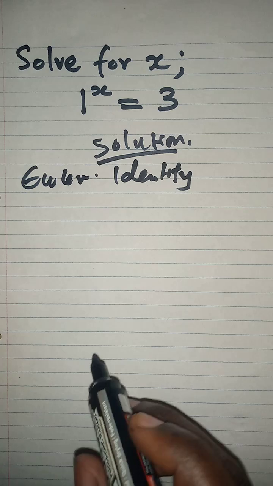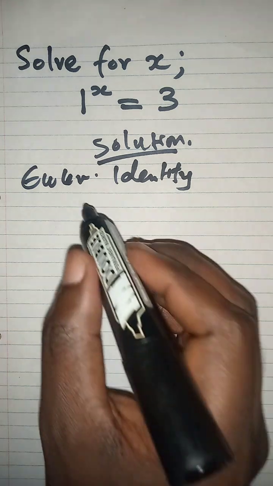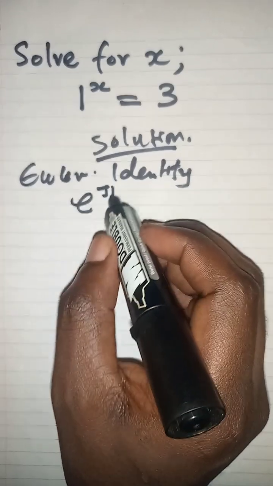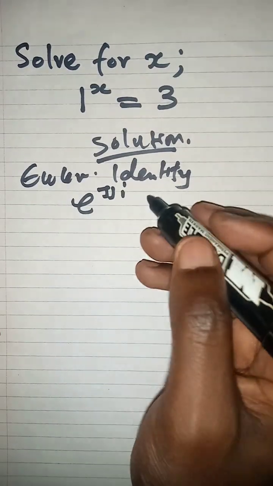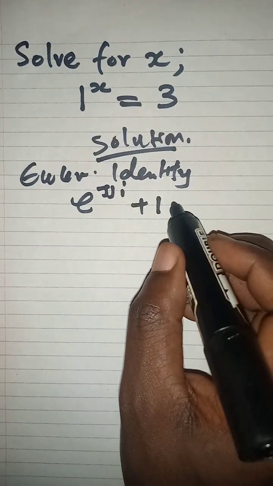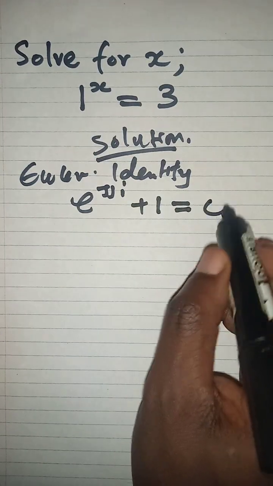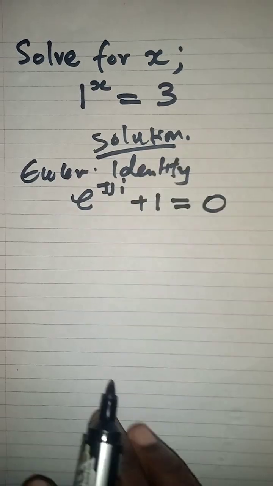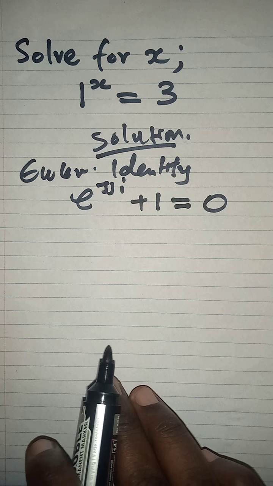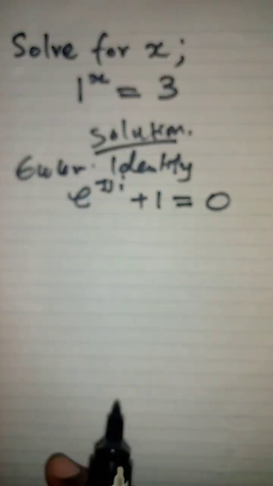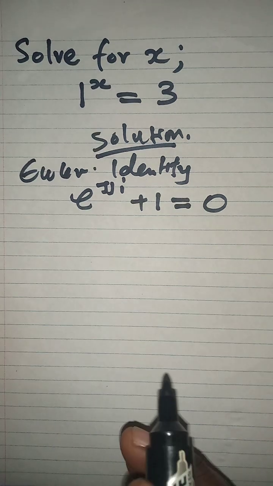The identity says that if you have an exponential raised to the power pi multiplied by i, plus 1, then that is equal to 0. We're going to make i the subject, and then compare it with 1 raised to x.